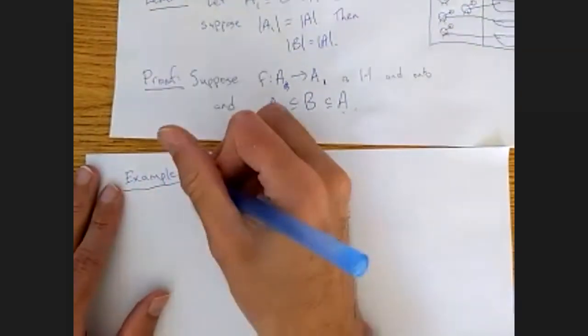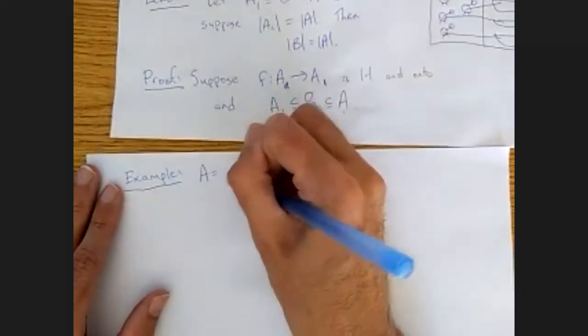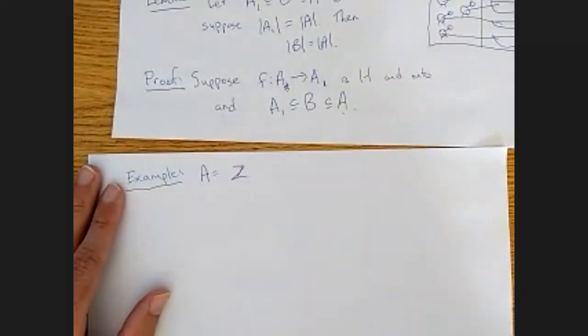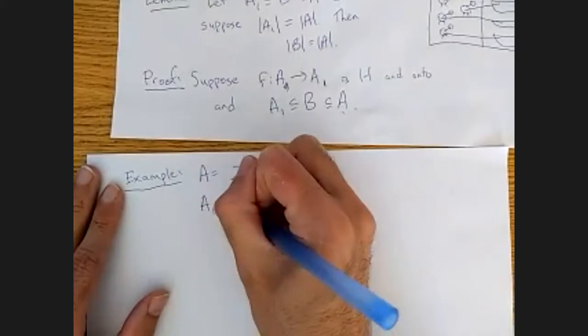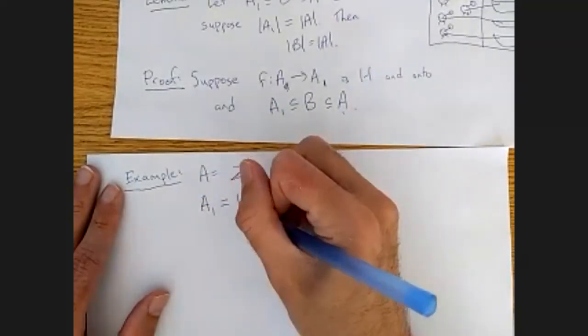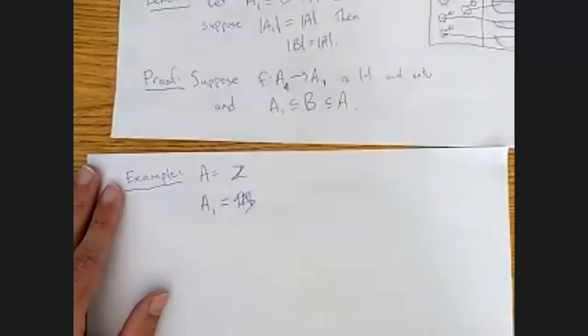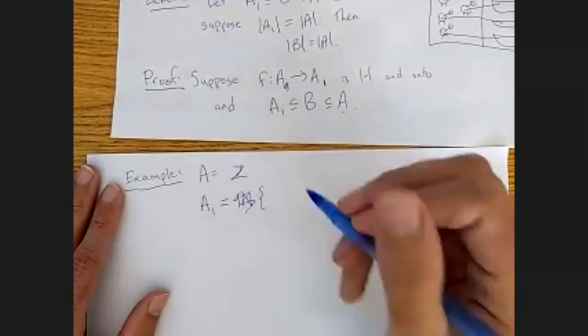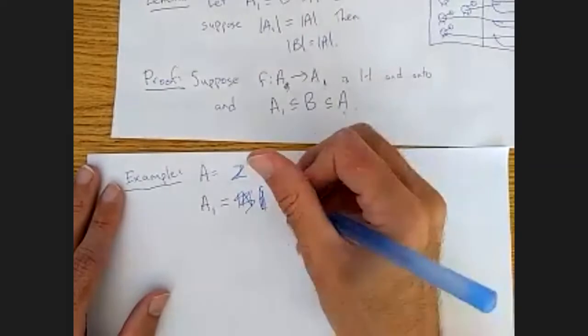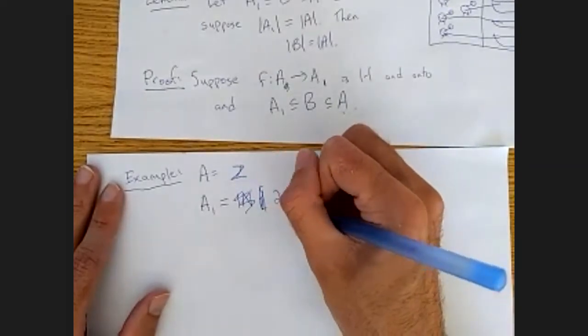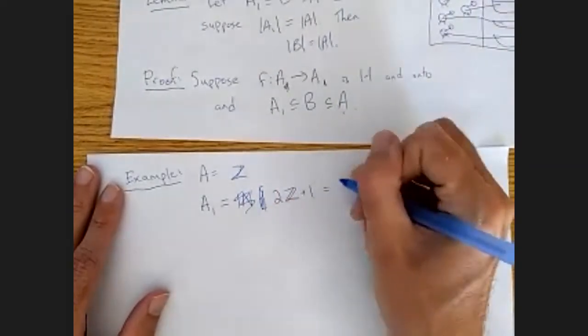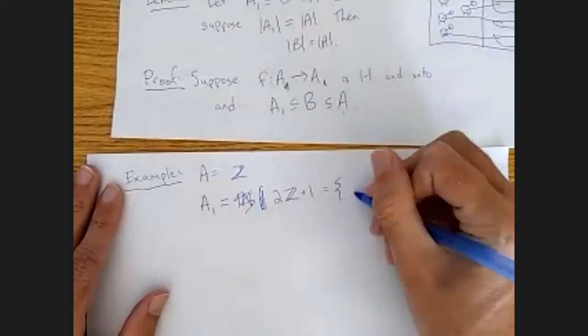For example, maybe A might be the integers, and A1 might be the natural numbers. No, maybe A1 is the odd numbers, the odd integers.